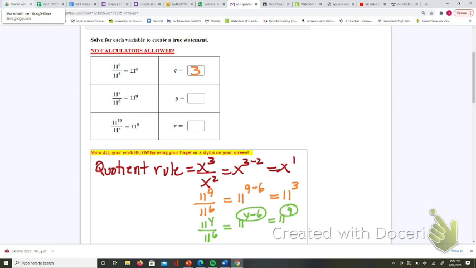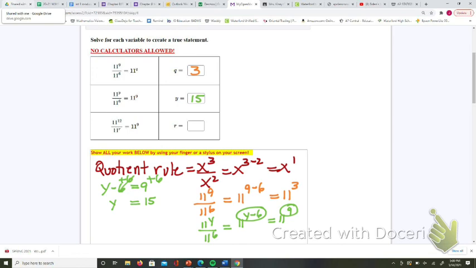So we go over off to the left and we go y minus 6 equals 9. Okay, what's happening to the y? It's being subtracted by 6. So we have to add 6 to undo that. So we get y, negative 6 plus 6 is 0, equals 15. So y is 15.